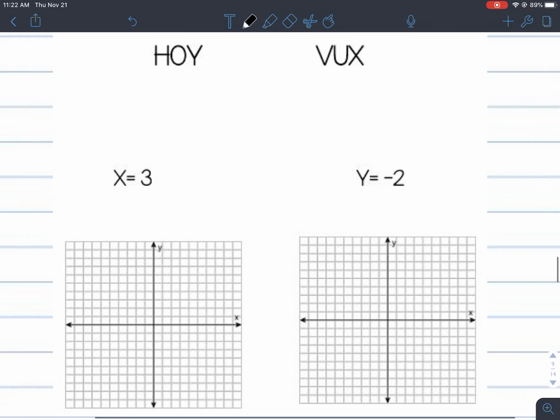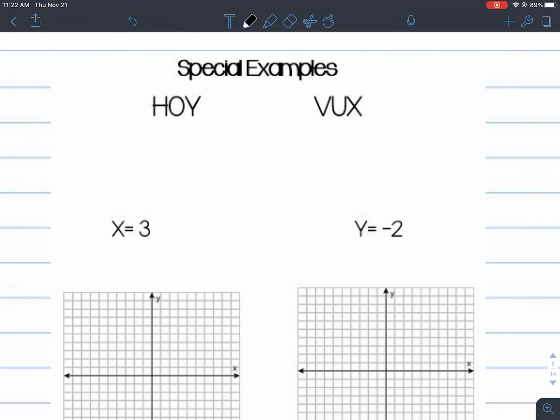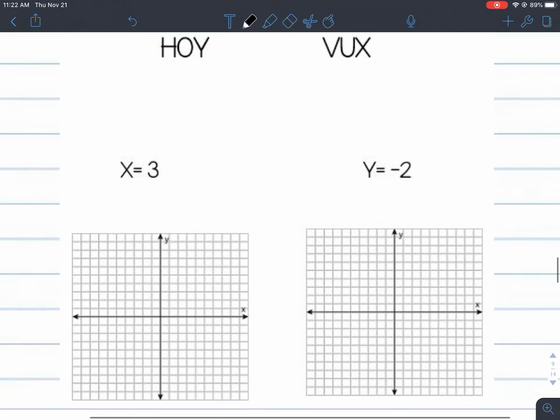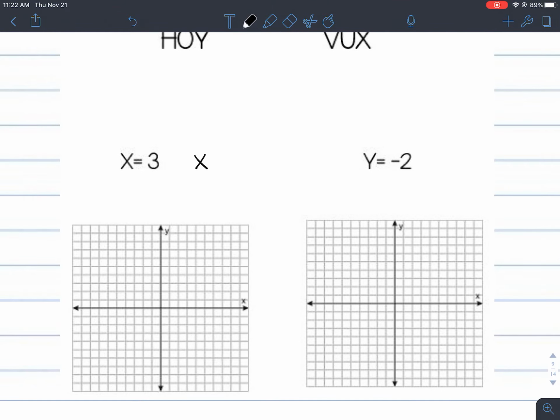There are some special cases, and that would be if your x is just a number. So x equals 3 just means that all of my x's are 3. So if I had 3, 1, that's here, 3, 2 is here. It's going to make this nice vertical line.